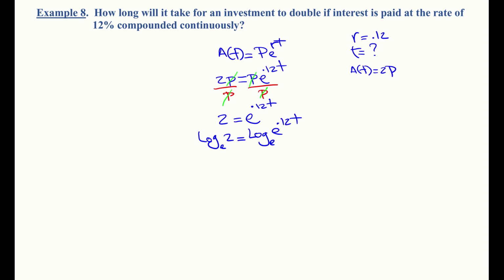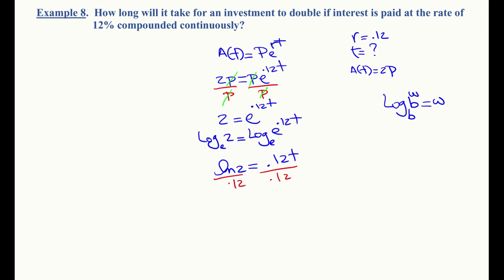Of course, the right side, because of the rule that says log base b of b to whatever equals that whatever, just becomes 0.12t. And on the left side, log base e of 2 is just ln of 2. So now we just want to solve for t, so we go ahead and divide both sides by 0.12, or 12 hundredths.